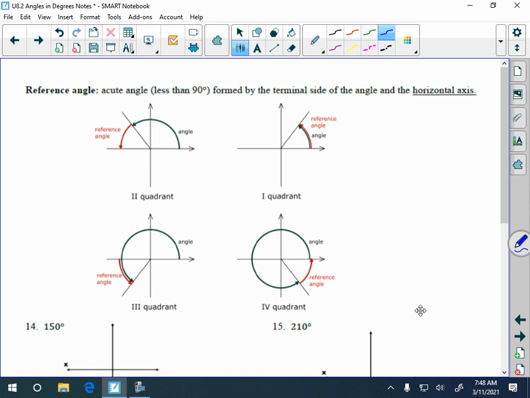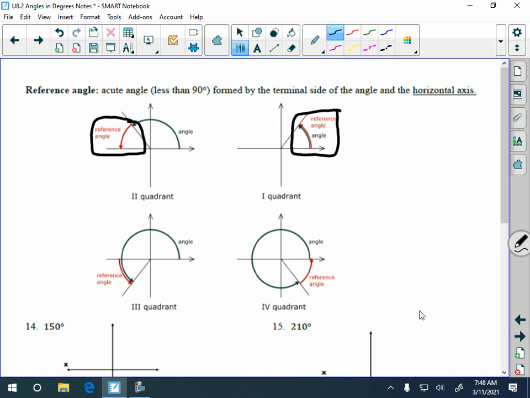So you can see if the angle falls in quadrant 2, the reference angle is going to be this angle right here. That's the angle that we want to try to find. If the angle falls in quadrant 1, then it'll be its own angle.